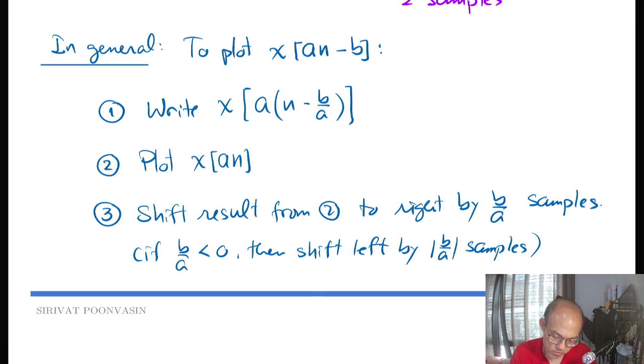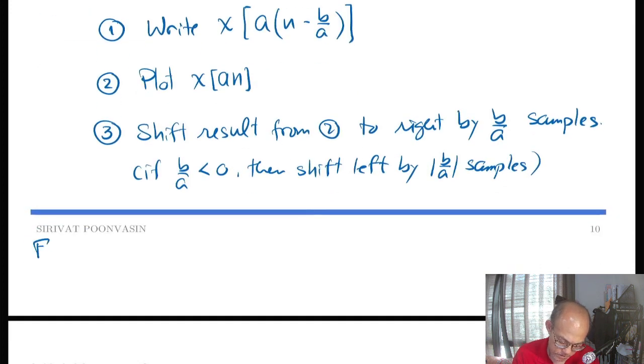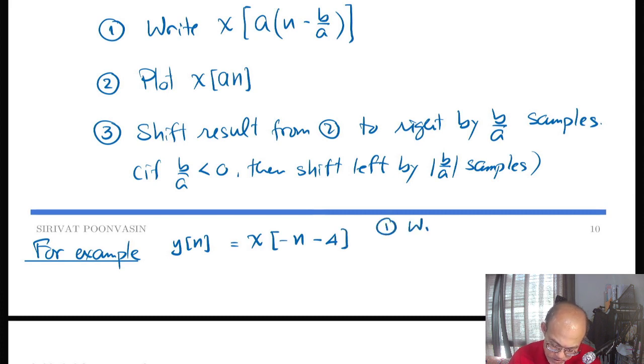Now, for example, suppose we have y of n is equal to x of minus n minus 4. Then the first step, write x of minus n plus 4.